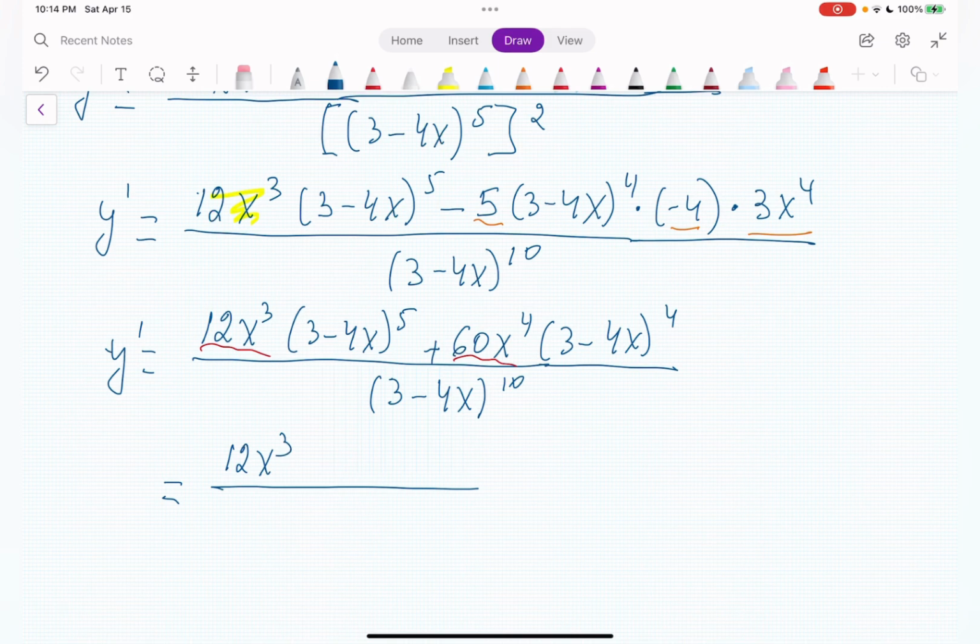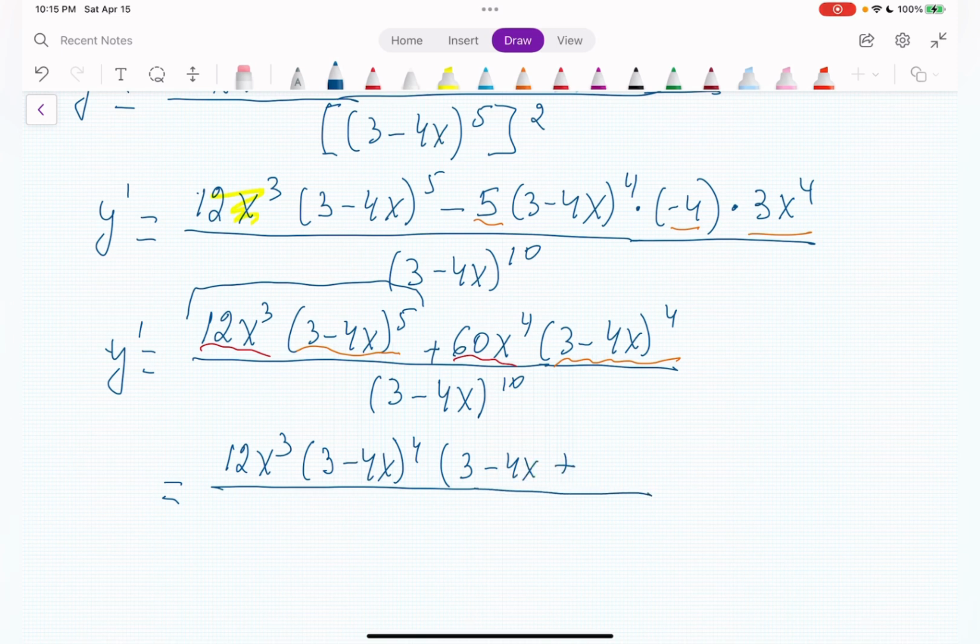And here I have 3 minus 4x to power 5, and here I have 3 minus 4x to power 4, so which means power 4 comes out. Okay, and what do we have? So from the first term, 12x cubed is gone, 3 minus 4x to power 4, and we have 5, so it's going to left 3 minus 4x.